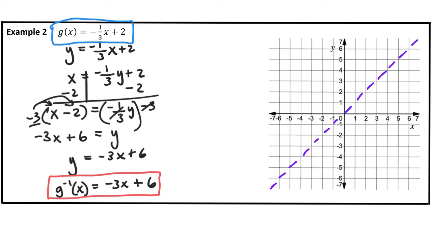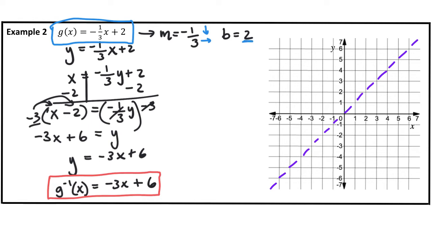Now let's graph the blue one. And so the blue one tells me that my slope is negative 1/3 and my y-intercept is 2. So the slope tells me, the negative 1/3 tells me to go down 1 and to the right 3. And the 2 is where I'm going to start.